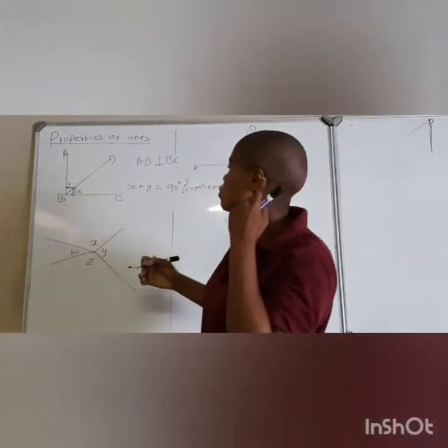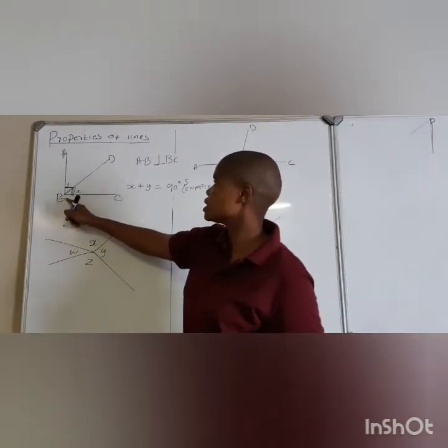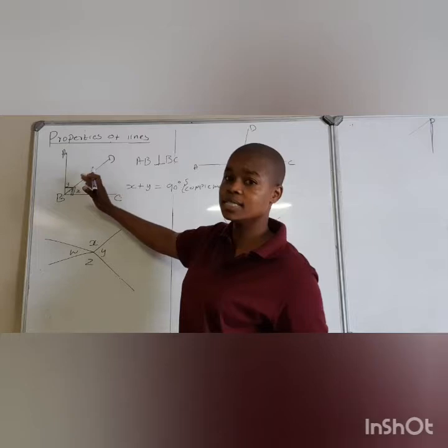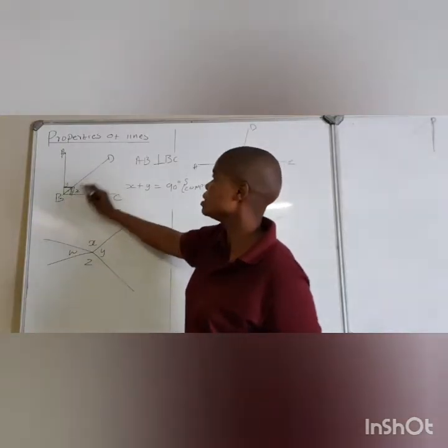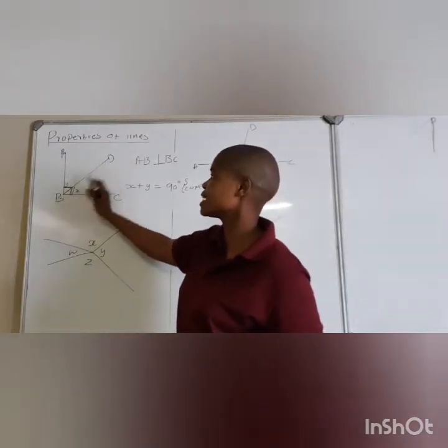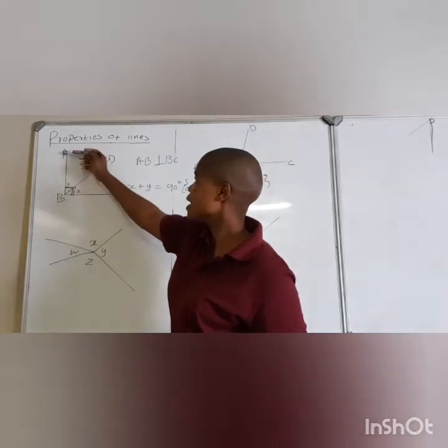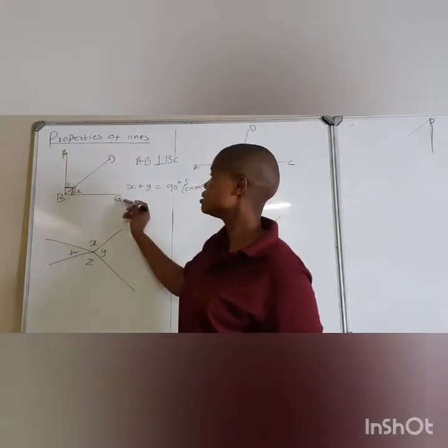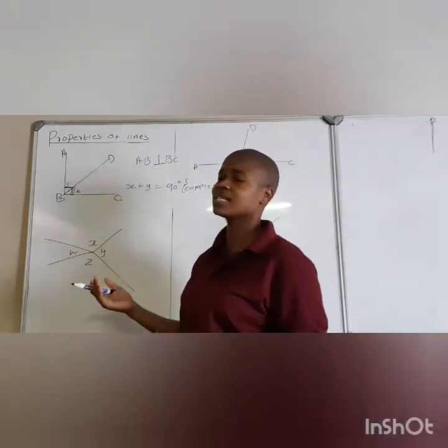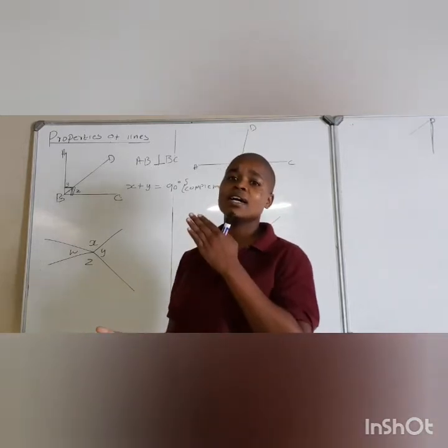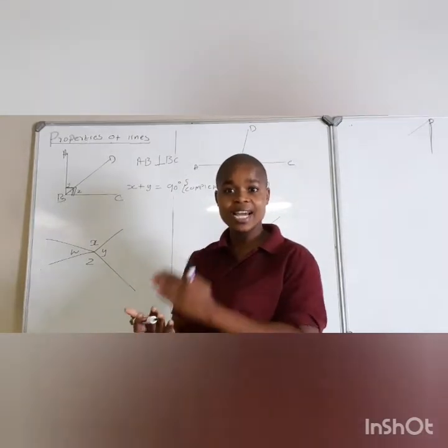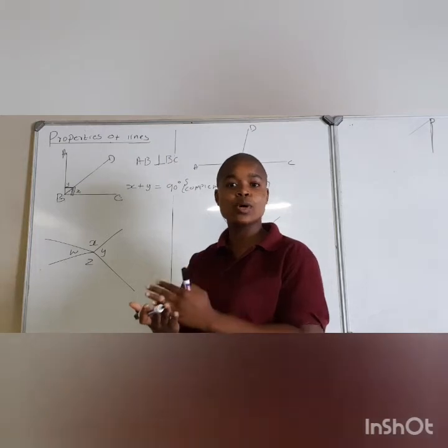What is very important at this point is that somebody tells us that line BD bisects angle ABC, because bisection simply means cutting into two equal halves.